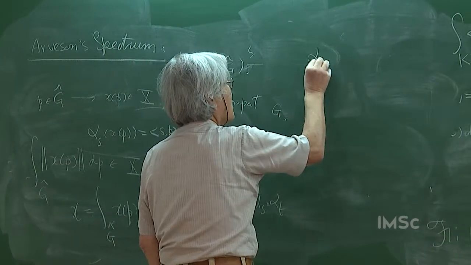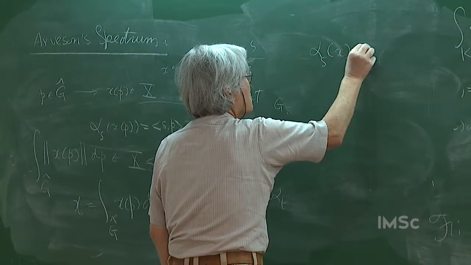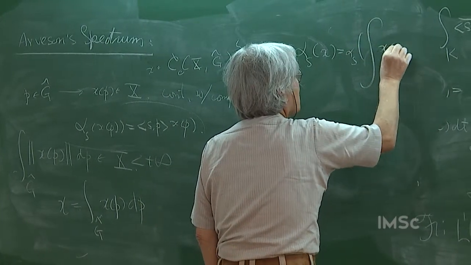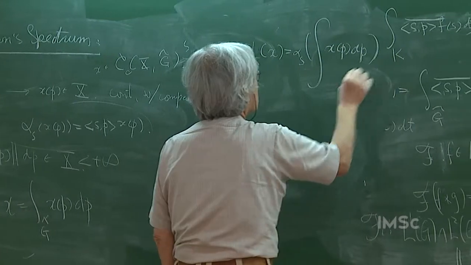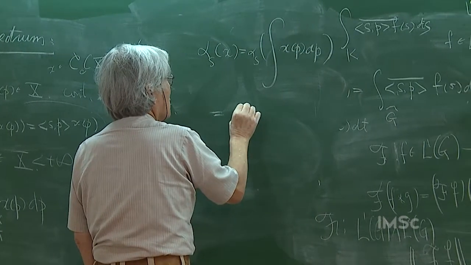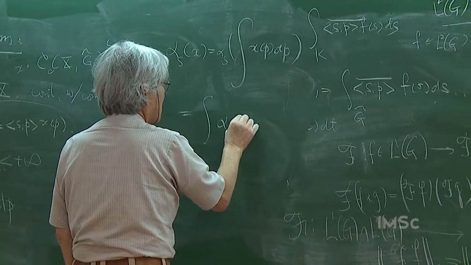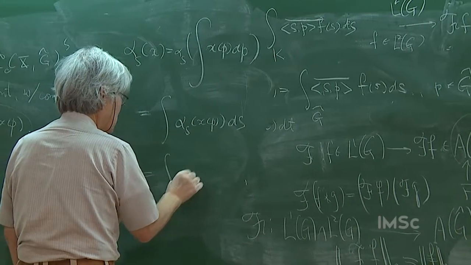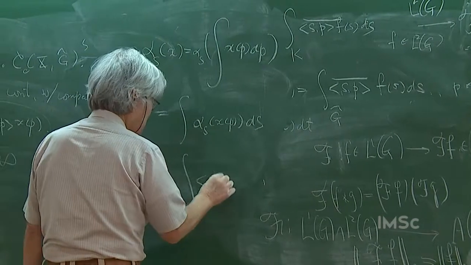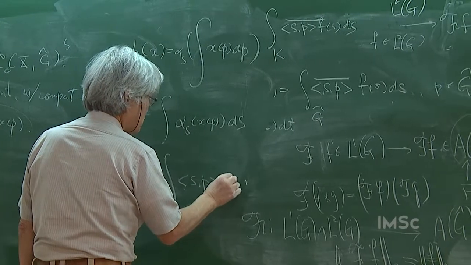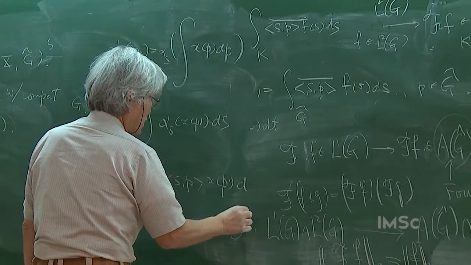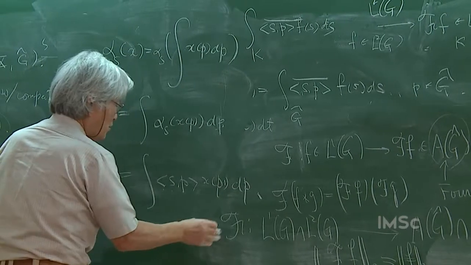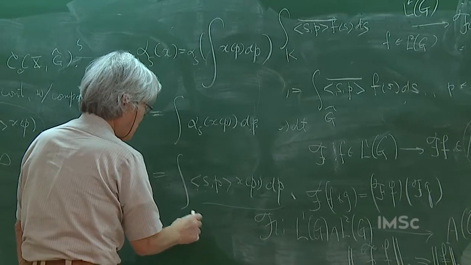The action alpha s of x, the integral of x of p dp, that is alpha s x of p ds. That is then, by assumption, s of p x of p dp. Okay. So this is what's happening.